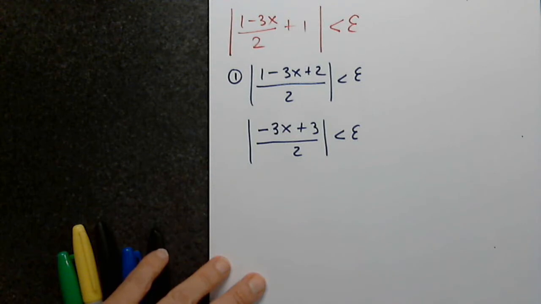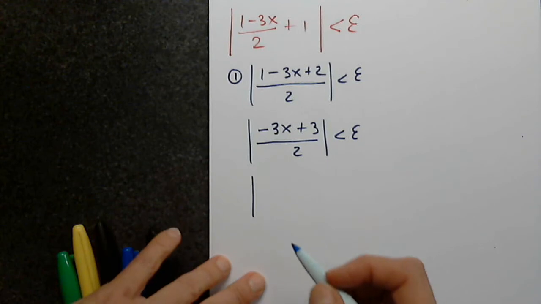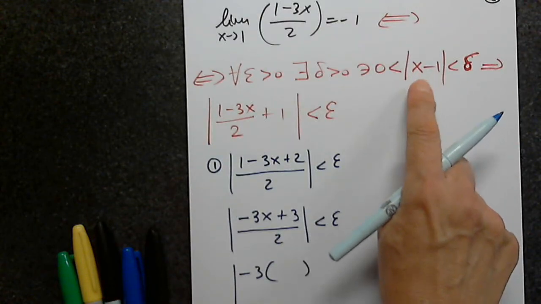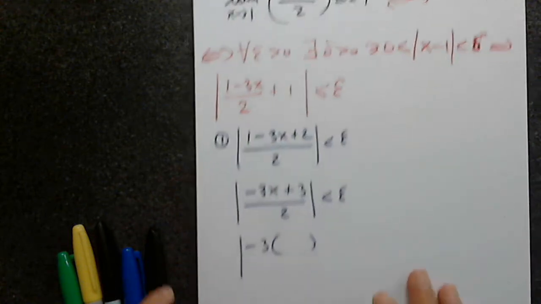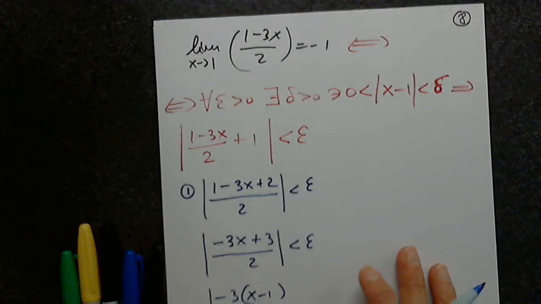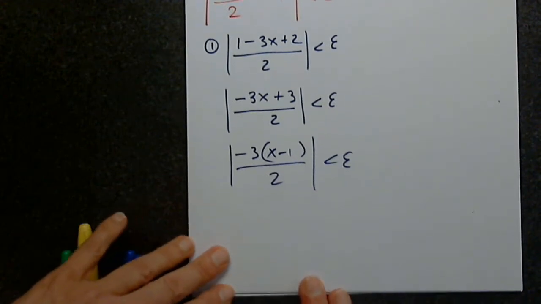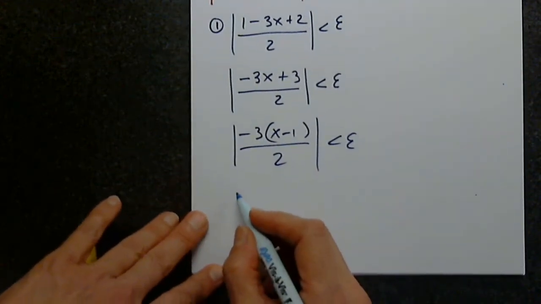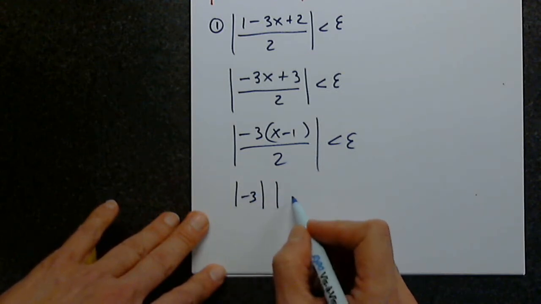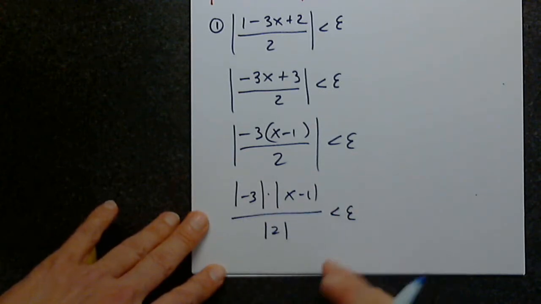Or if you want to factor first, let's factor first. What will I factor? Perfect. What is left in parentheses? Make sure that is this. Okay, an absolute value over 2 less than epsilon. I have to show the property that I'm using, which is the absolute value of a times b over the absolute value of 2 less than epsilon.